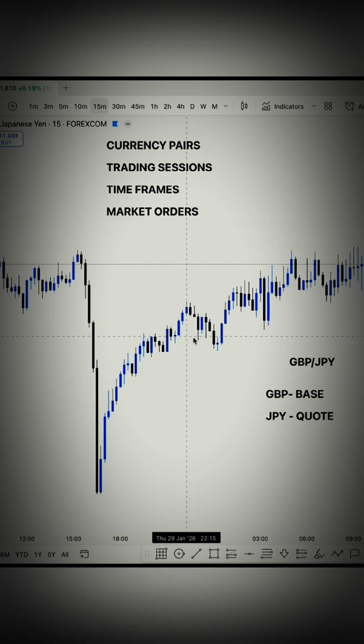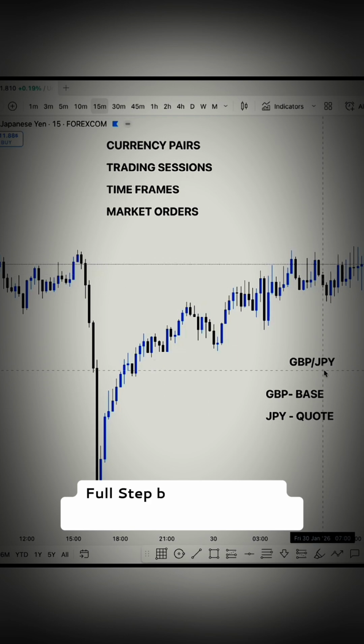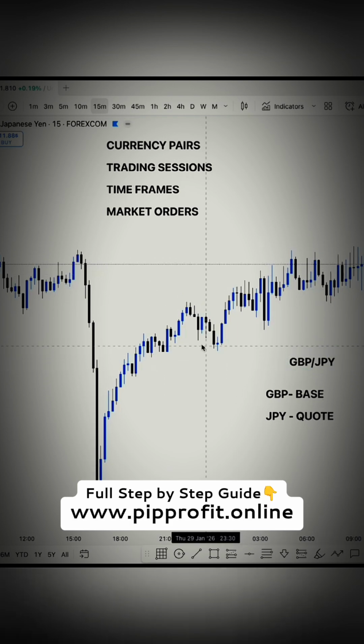So if we are speculating for the bullish candlestick to appear more and more, that simply means we want British pound to do better than Japanese yen. And if the market obeys that speculation and we get the bullish candlestick appearing more and more, we're going to make money.